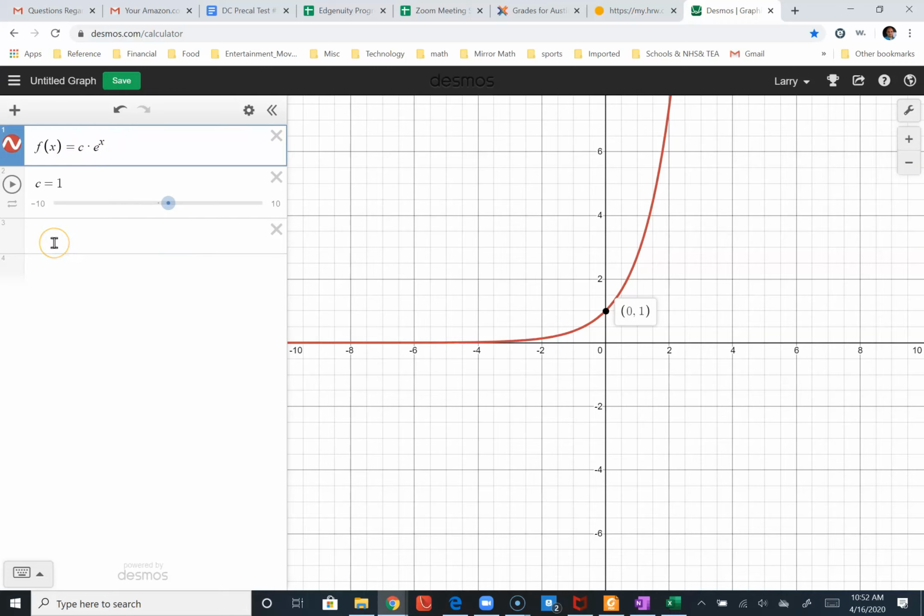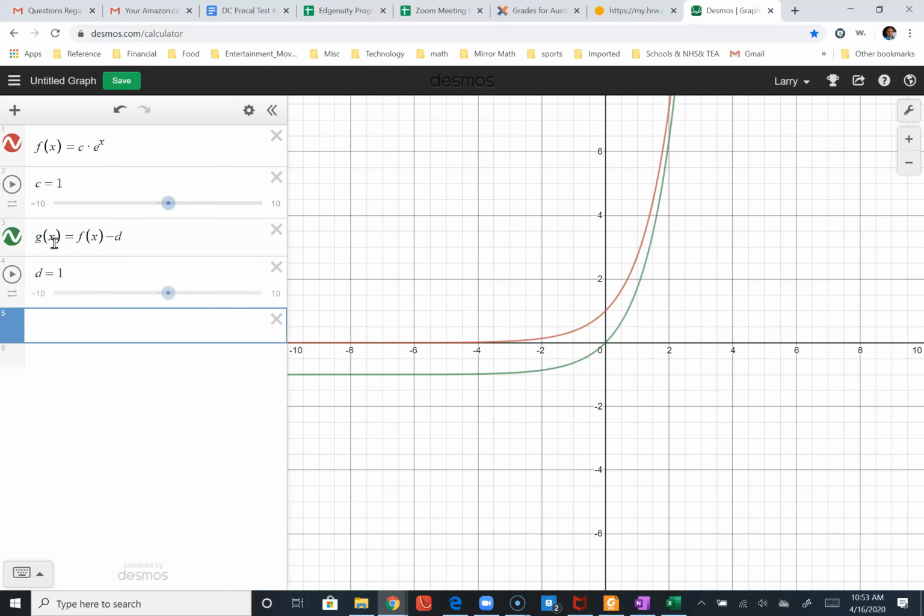Now, placing a new function in, we'll call this new function g of x, and we're going to do our f function minus some value d. Add a slider for d. You'll notice that whatever we make d, that's going to be the distance between those 2 points. In this case, it's 1, because that's what d is.